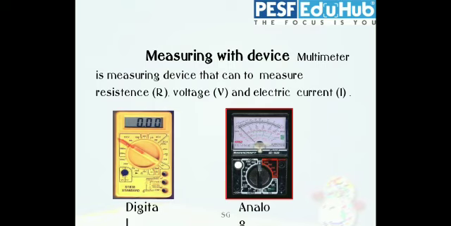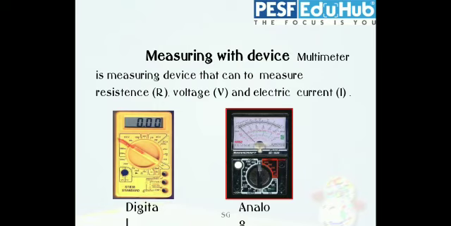The last heading is measuring with a device. A multimeter is a measuring device that can measure resistance, voltage and electrical current. Normally we use an electronic equipment known as a multimeter. The name shows it's multi-purpose.